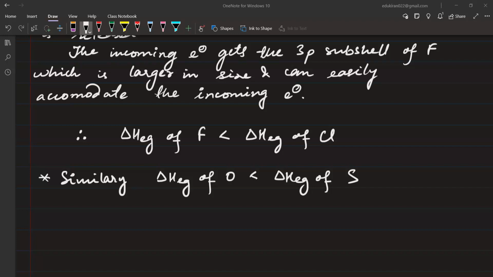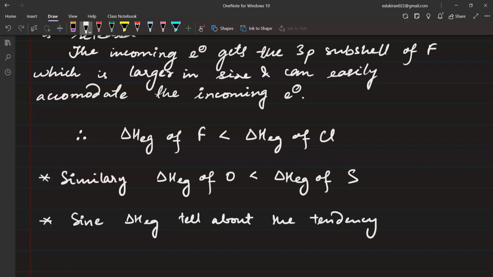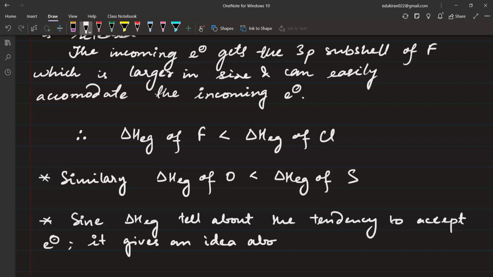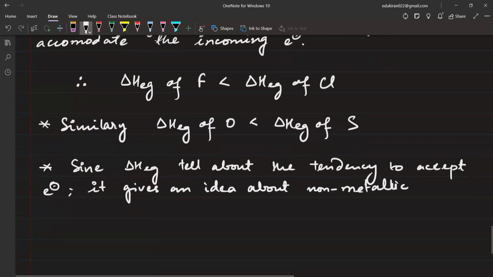Yes, we are talking about the electron gain enthalpy. Now, next point. Since delta Heg tells about the tendency to accept electron, it gives an idea about the non-metallic nature of element.